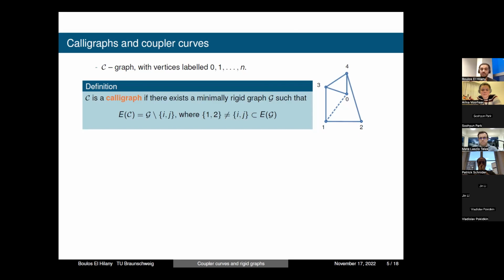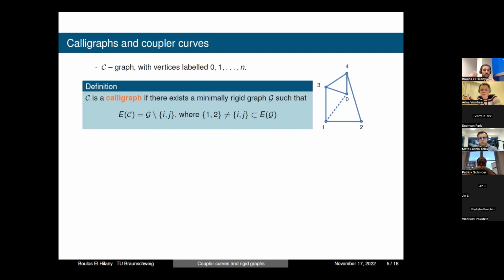The degrees of freedom for this graph is one, okay? Because we removed one edge, and this is called a calligraph. It's a marked graph where we remove one edge from a minimally rigid graph, and we mark an edge, 1, 2. We put it horizontally or whatever, we fix it, and then we mark the 0 point. Once we fix this, it means that we mod out all rotations and translations.